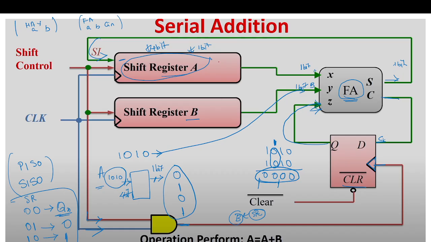We have two inputs, so we need two shift registers. And carry is just a single bit, so one flip flop is enough. No need of a register, right? Clear?